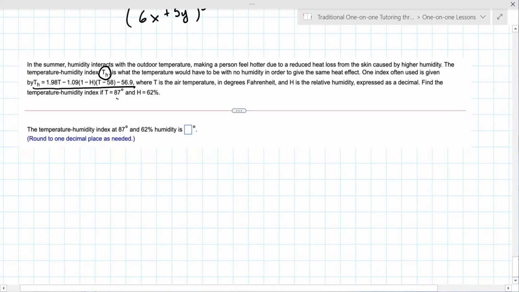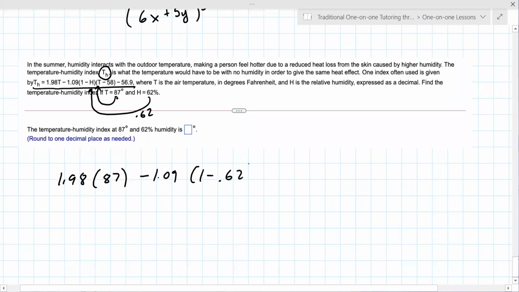I think you just have to put these numbers in for T, and then H would be 0.62. Oh, okay. So it's 1.98 times 87 minus 1.09 times 1 minus 0.62 times 87 minus 58 or minus 56.9, and then one decimal place.